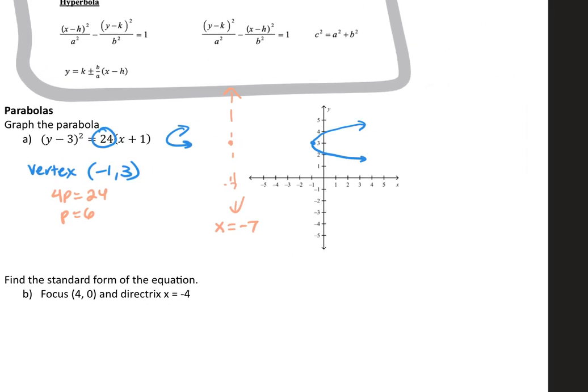And to the right 6 places, so from -1 to the right would be 5. And that 5, 3 is your focus. So the question might say graph and find the focus, or graph and find the directrix, or it just might say find the directrix or the focus. How do you know your focus? When you solve for p, you go that many spaces to the right from your vertex.